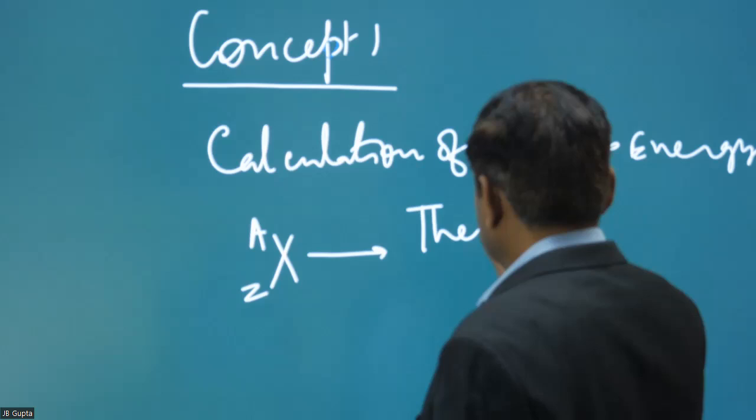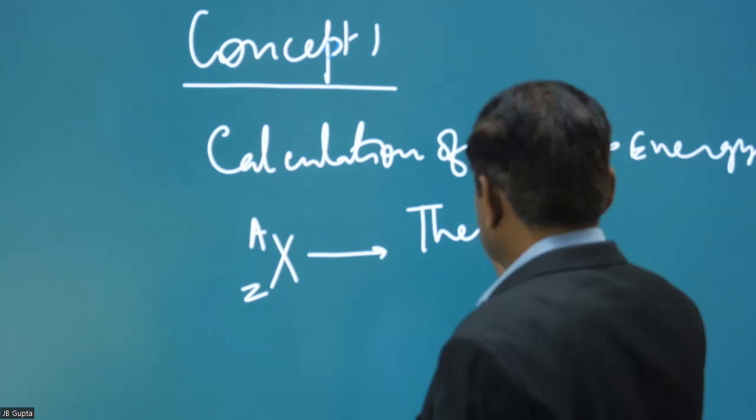Now the element that is formed by the fusion of these two smaller elements has atomic mass A1 plus A2. So the binding energy of reactants equals A1 E1 plus A2 E2, because E1 was per nucleon, so the total number of nucleons is A1. And the binding energy of products is equal to (A1 plus A2) into E3.